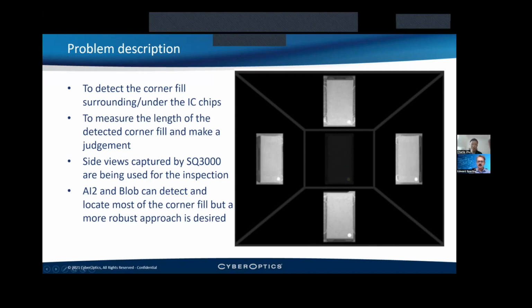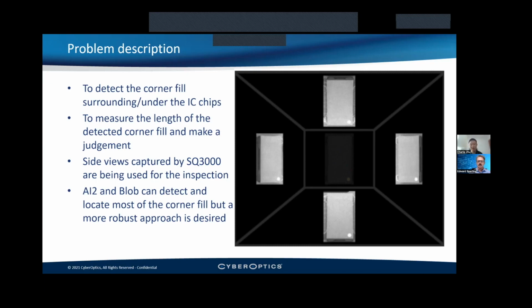Yeah, that's a very interesting question. Let me explain the underfill or corner fill a bit. It's basically the material bonding the IC to the substrate. The problem is that sometimes there are defects during the dispensing process, and the customer wants to inspect the corner fills after the IC is placed.